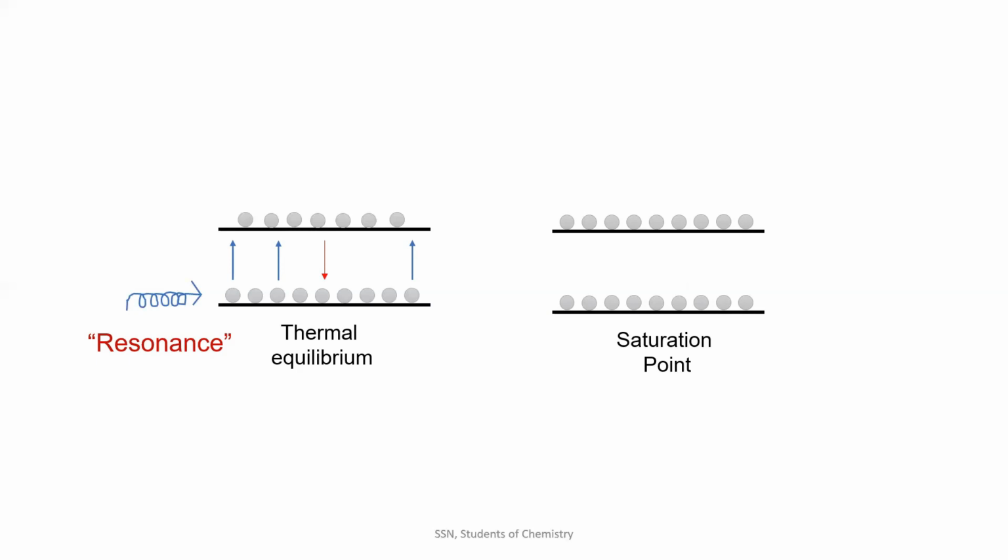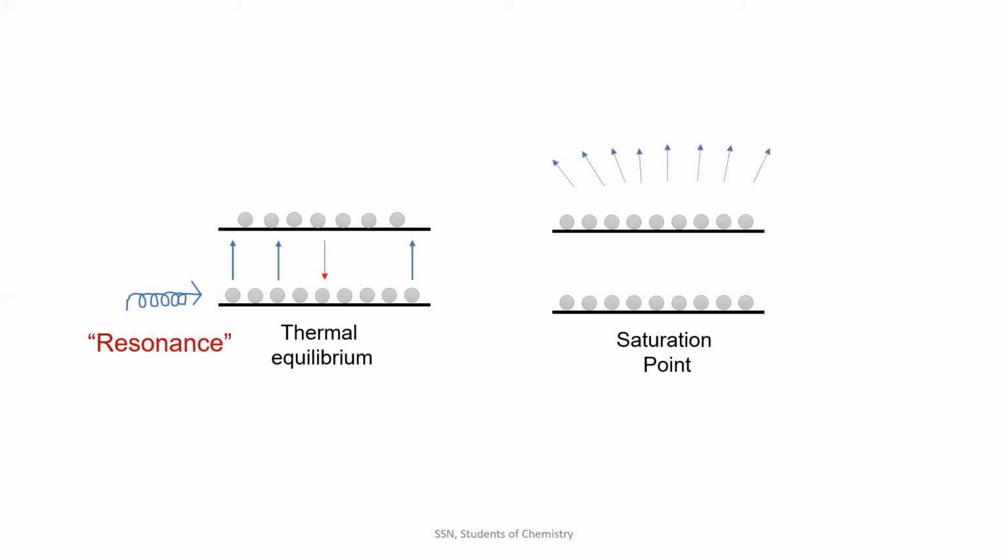So what should we do? We have to bring the saturation point back to thermal equilibrium, so that our particles will absorb some amount of radio frequency wave with normal frequency and go to the higher energy level, and some will come to the lower energy level. With this we can observe a spectrum. So what should we do? We should reach thermal equilibrium by inducing the higher energy levels to emit some energy.